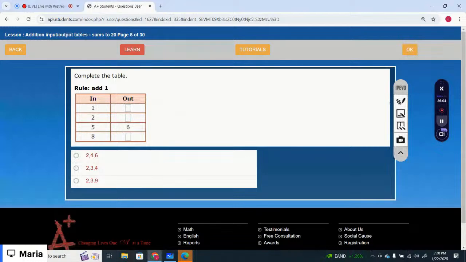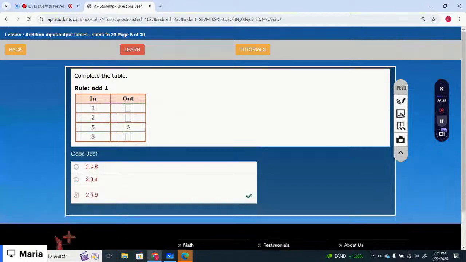So which is the correct option? That is 2, 3, and 9. Option number 3 is the correct option.